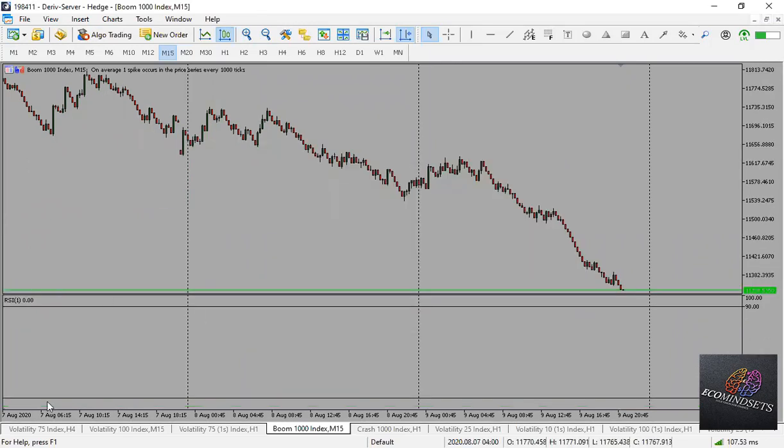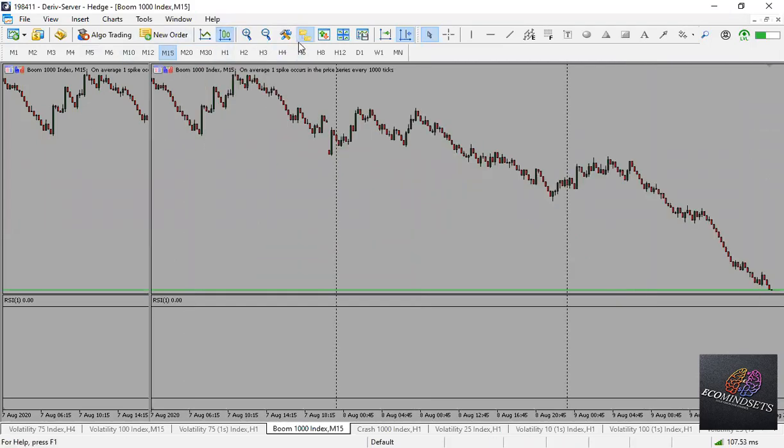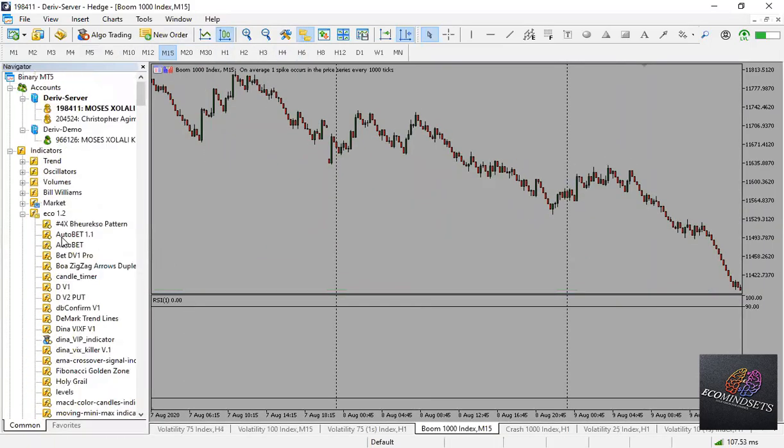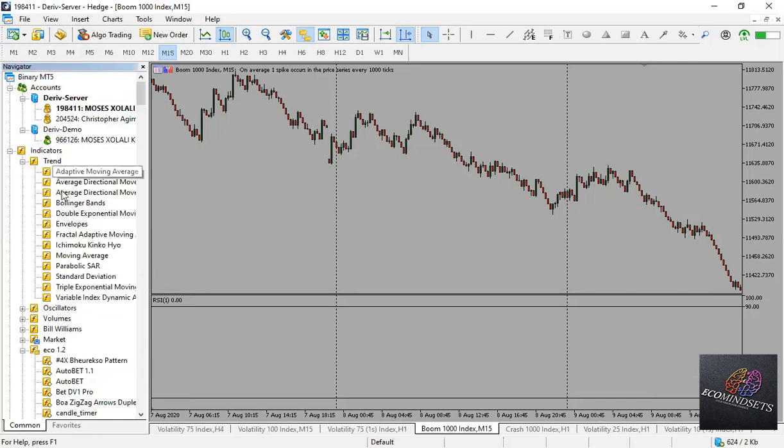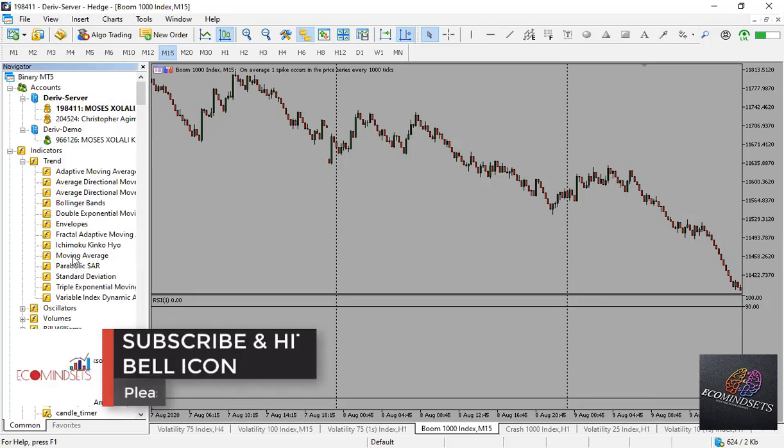So there we have the level 90 and the level 10. Then the next thing we are going to add is the moving average, and you add it to the RSI window. Come to the left section where we have indicators, go to Trend, then Moving Average.